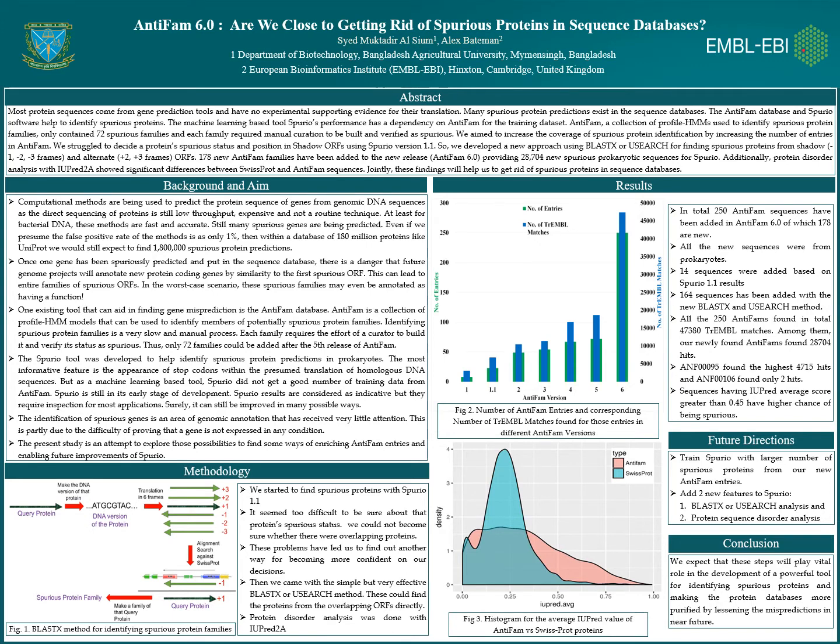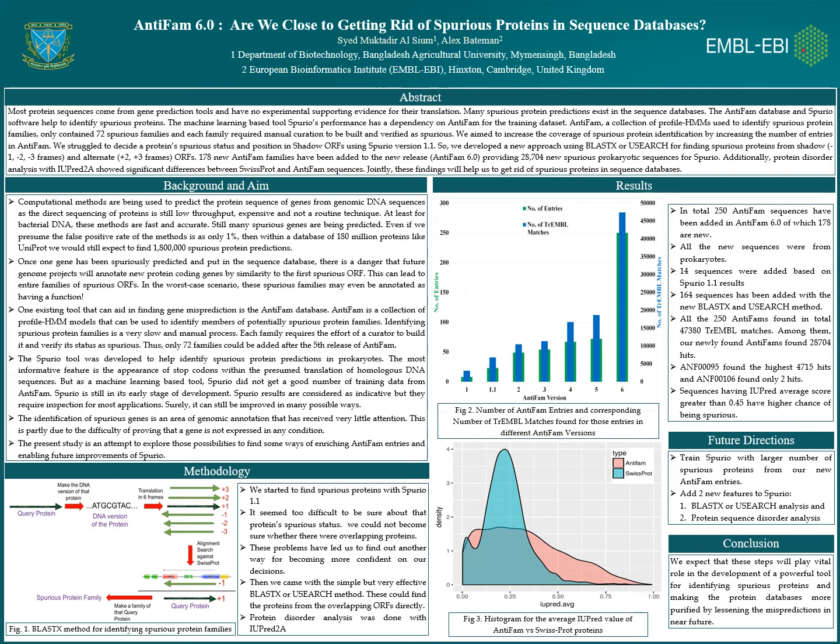Spurio has dependency on AntiFam for training dataset, but actually, as a machine learning based tool, Spurio didn't get a good number of training data from AntiFam because it doesn't have that much. So Spurio is still in its early stage of development, and Spurio results can be considered as indicative, but they require inspection for most applications.